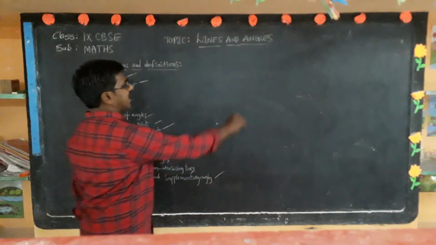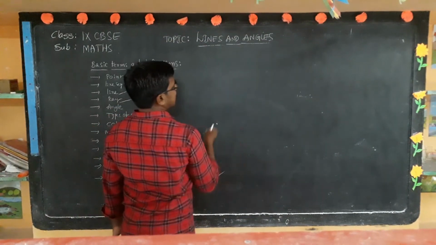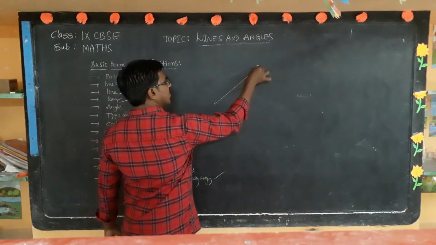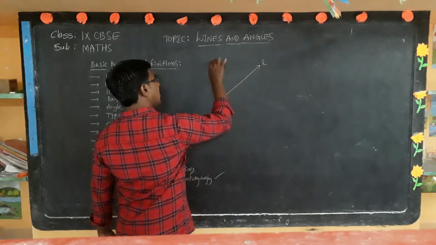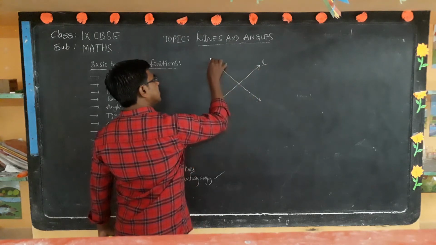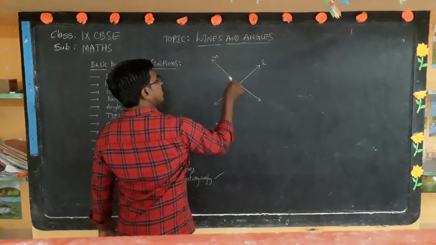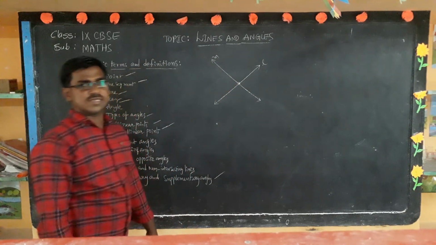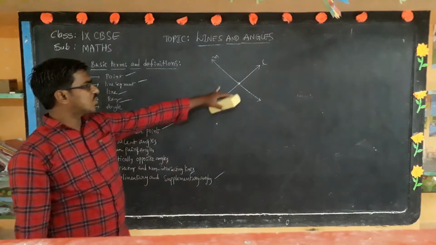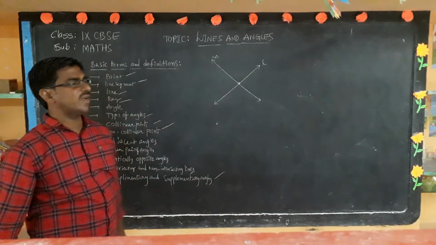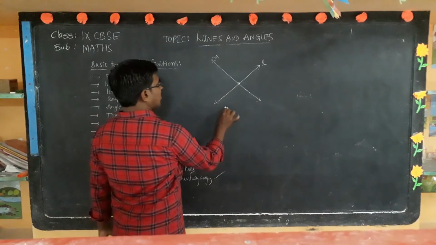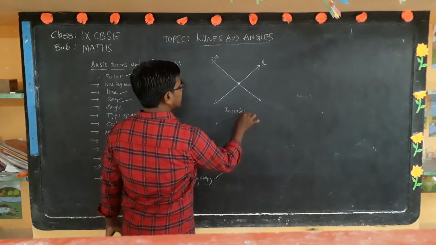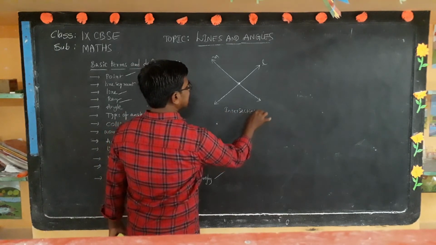Now coming to intersecting and non-intersecting lines. Take a line L and another line M. If two lines intersect each other at a point, those lines are called intersecting lines.